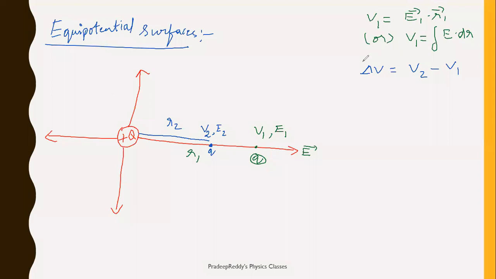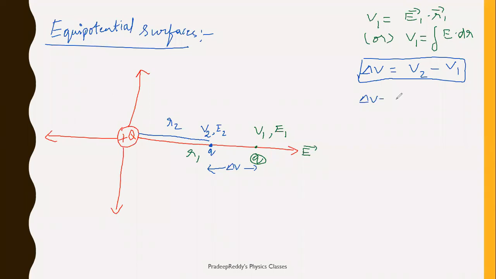The difference in the two potentials on the same line between two positions is called the electric potential difference. So the potential difference from here to here, this is delta V, the difference between these two points, V1 and V2.